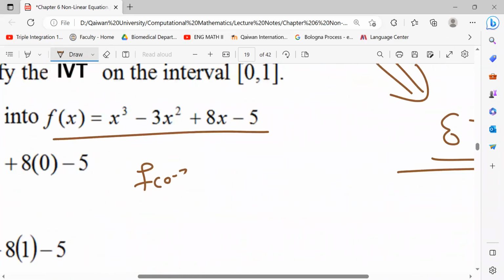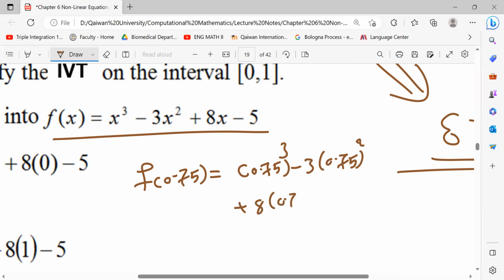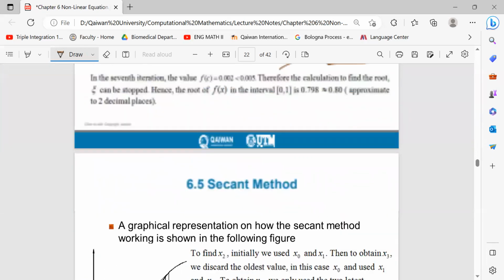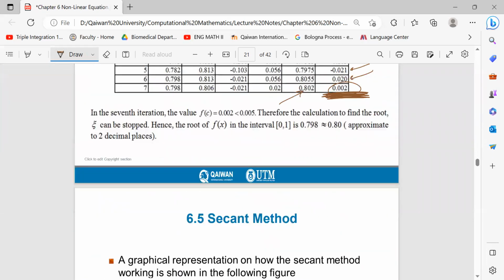F of 0.75 is 0.75 cubed minus 3 times 0.75 squared plus 8 times 0.75 minus 5. The result here is negative. We always plug into the function. That's it.